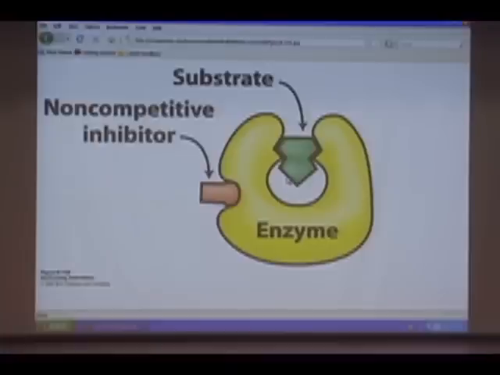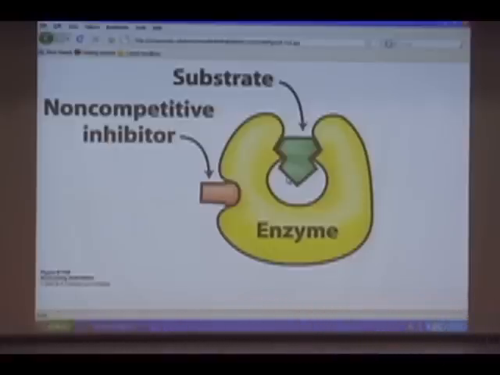I want you to think about this. If I do two sets of reactions, one set where I have 100 enzyme molecules and no inhibitor, and another reaction where I have 90 enzyme molecules, which one's going to have a higher Vmax? Come on, you guys know this.